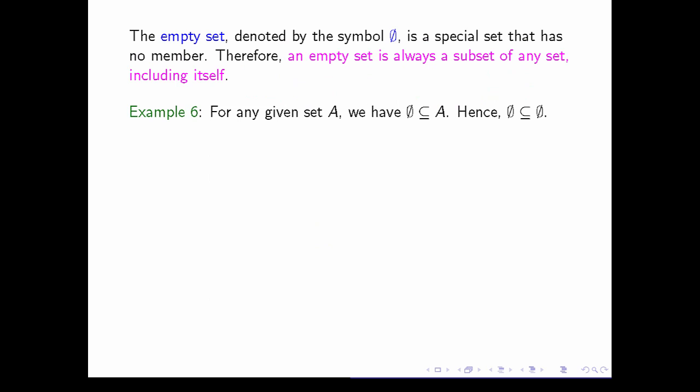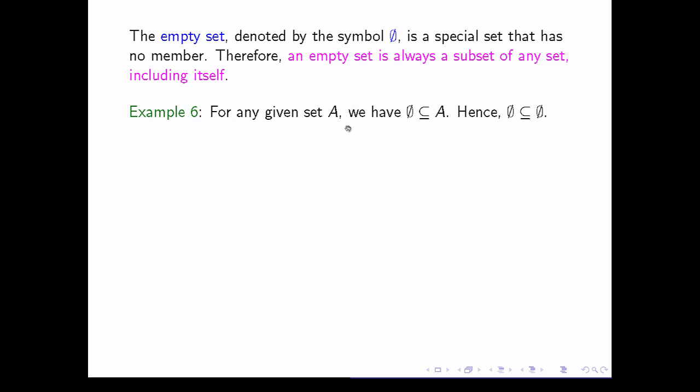The next concept is called the empty set. We denote the empty set by the symbol that looks like the number 0 with a forward slash on top of it. This is a special set that has no members at all. That's why it's called the empty set. And because it doesn't have any members at all, it is always a subset of any set, including itself.